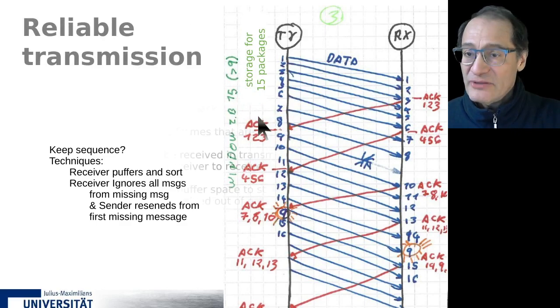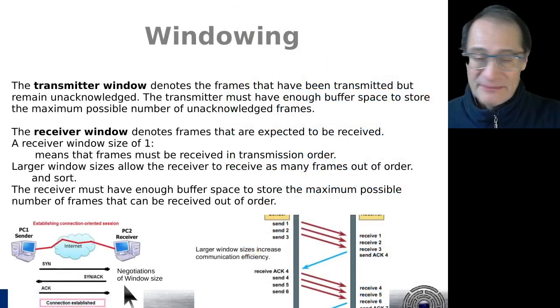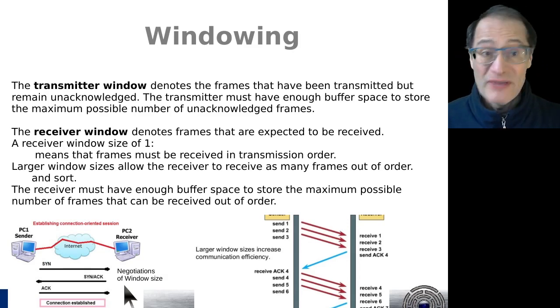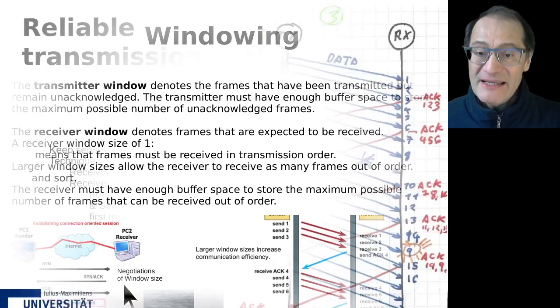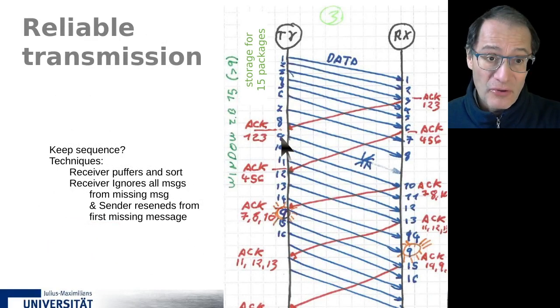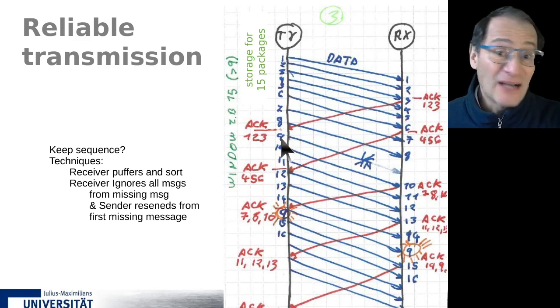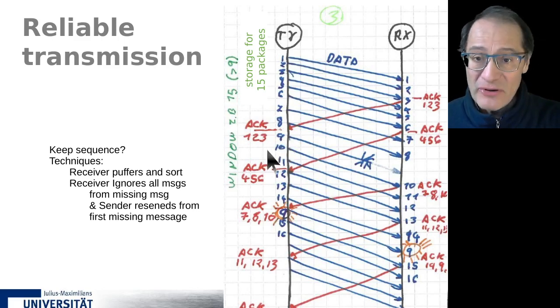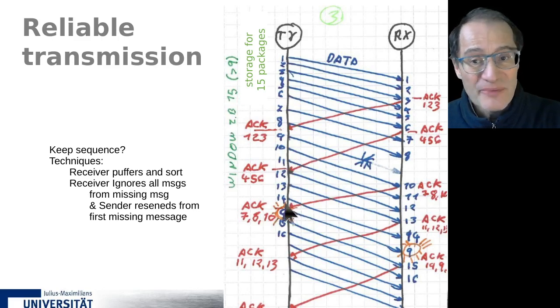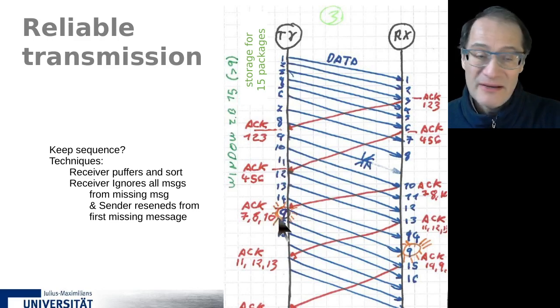On the other side, the receiver will say what is the size of its receiver window, and this means how many messages can arrive out of order. For example, if it cannot accept any message out of order and message 9 is lost, even if it has sent already up to message number 14, it has to repeat from message number 9 to the end.